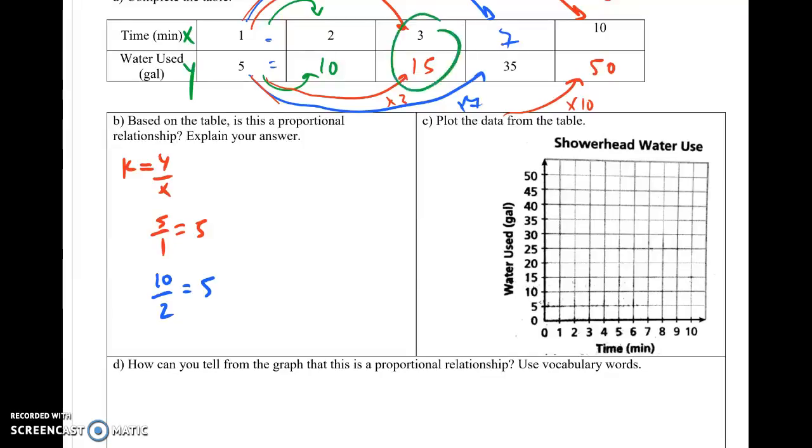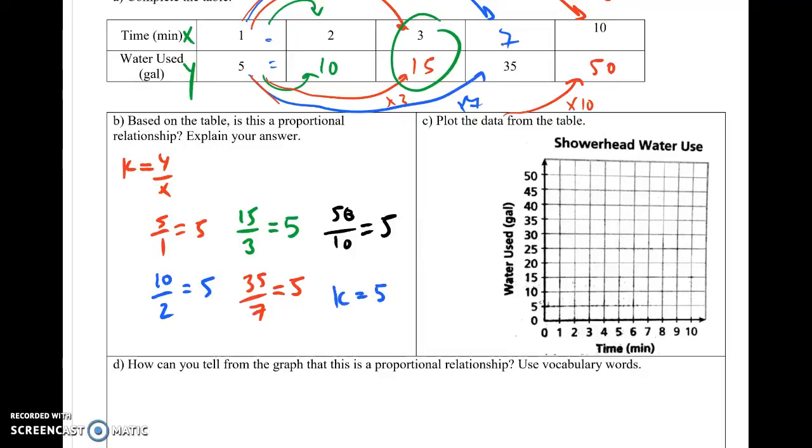For the third column, 15 over 3. That is 5. Fourth column, we have 35 over 7. That is 5. And finally, the last column, we have 50 over 10. That is 5. Therefore, k equals 5.